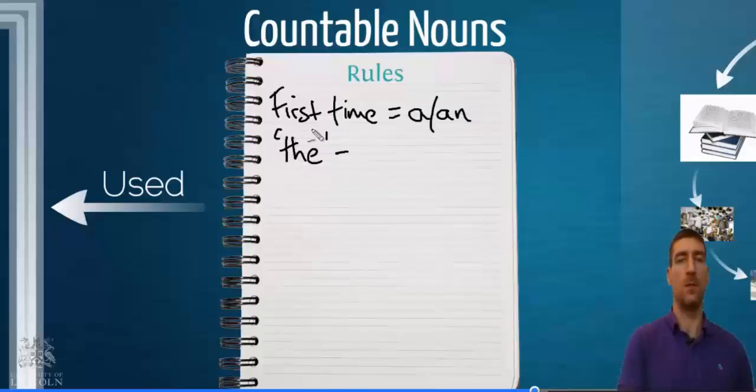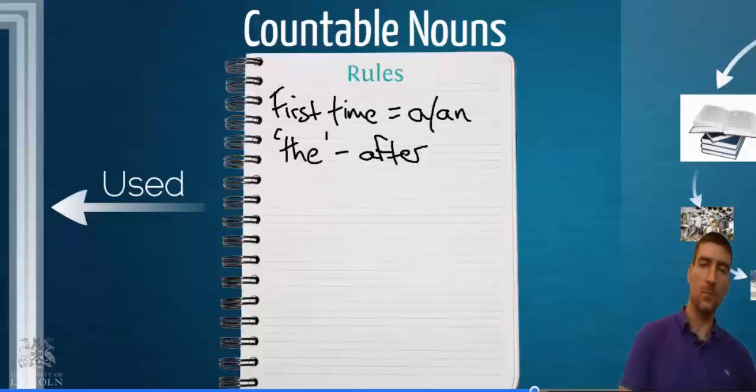The is used after. The exception being when it is obvious what the speaker is talking about. So unless it's obvious, or we can see what the person is talking about, then we always start with a or an, and then follow with the.